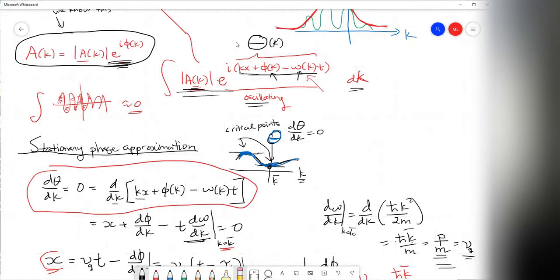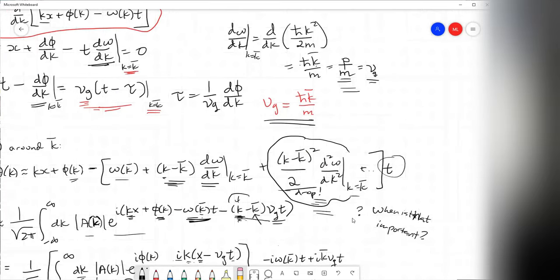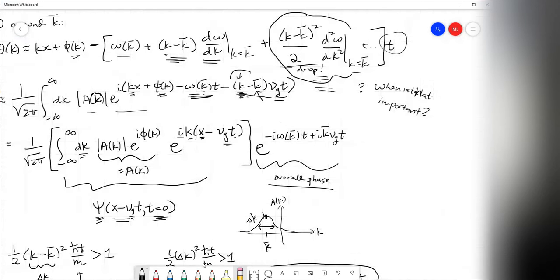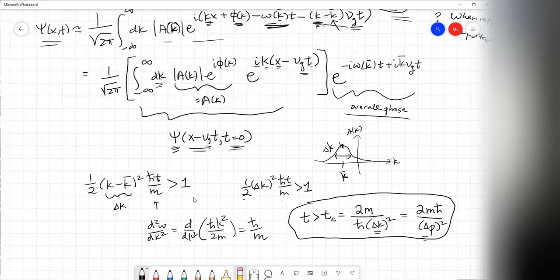When this theta is of order 1, when you have a term that's of order 1 here, that's already starting to oscillate quite a bit. So we're just going to estimate that this term starts to contribute when it's of order 1 or bigger than 1. So all we're saying here is that when it's bigger than 1, bad stuff's going to happen because it's going to start contributing in that exponent.